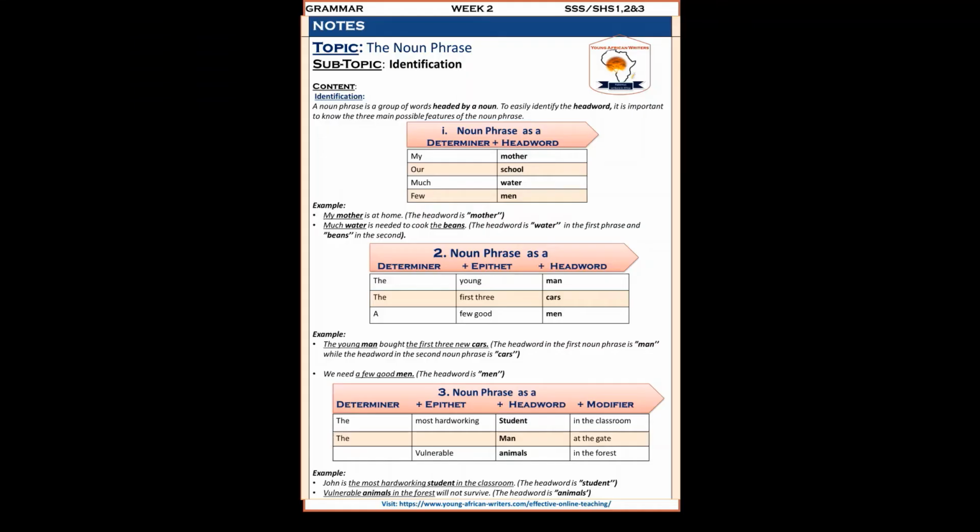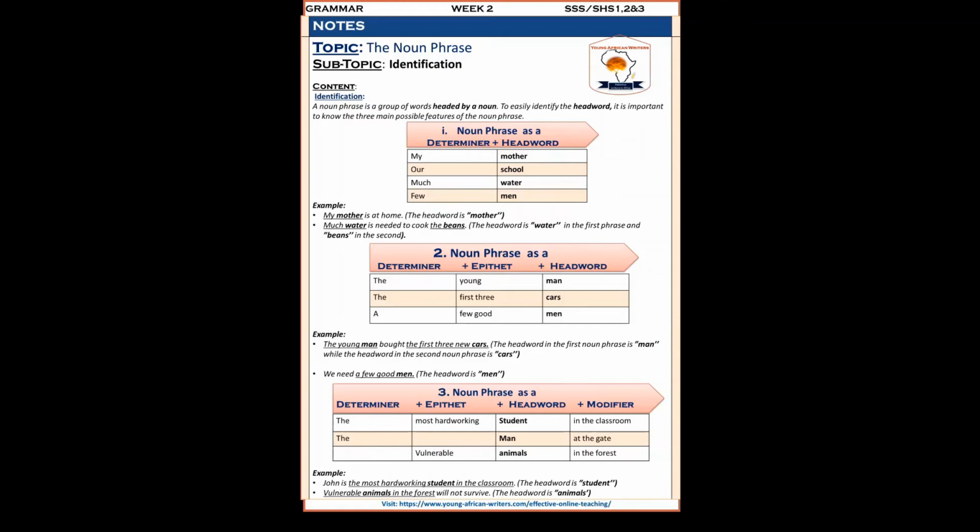Voila, let's take 2 more notes. Our topic for SS classes is the noun phrase, and the subtopic is identification. So we're going to find out how to identify a noun phrase within a sentence. A noun phrase is a group of words headed by a noun.